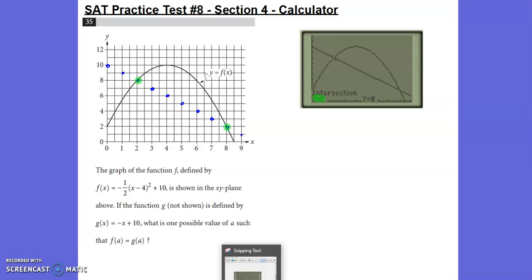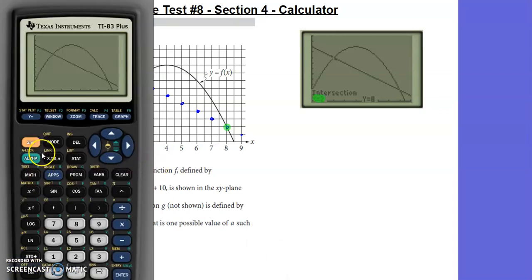Another possible answer, we'll go ahead and go through just so you remember how to do this. If I want to find this intersection down here on the calculator, I have to go into the calculate menu, grab the intersect option, and the procedure is to hit enter on the first thing that you have crossing at your intersection, hit enter on the second thing, and then give the calculator a guess.